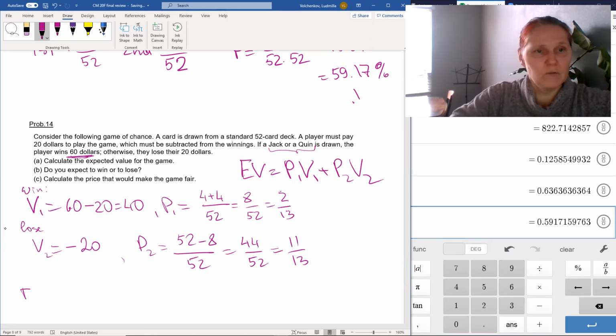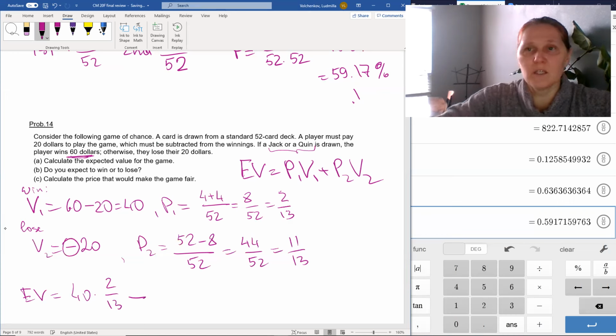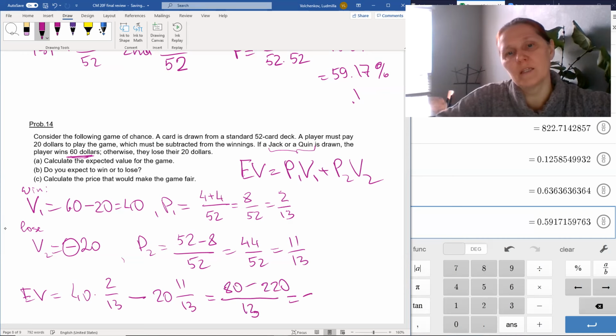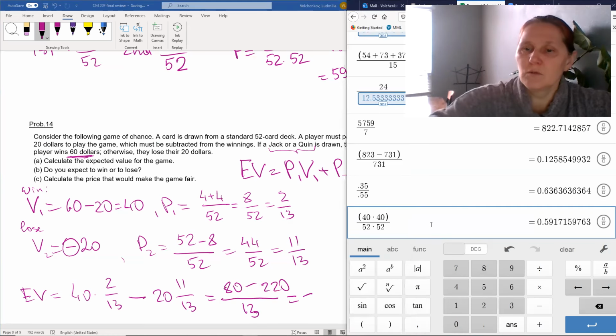And now let us write the formula for expected value. 40 times 2 over 13 minus, we have negative value, 20 times 11 over 13. You can calculate it with a calculator or just simplify it a little bit. So 80 minus 220, so negative. Let us take the calculator.